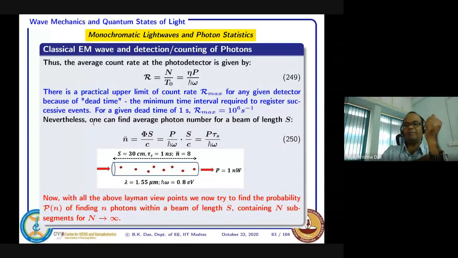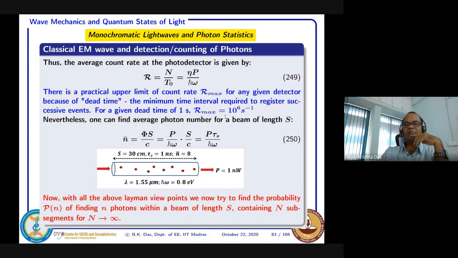That is called dead time. Typically, when you are registering a very low photon number, 1 photon or 2 photons, those photodetectors have a dead time on the order of about 1 microsecond. People are trying to improve that limitation, but for the moment, consider 1 microsecond for a given dead time.